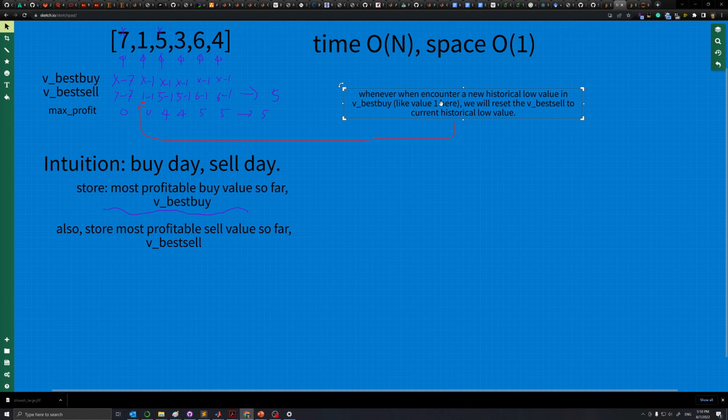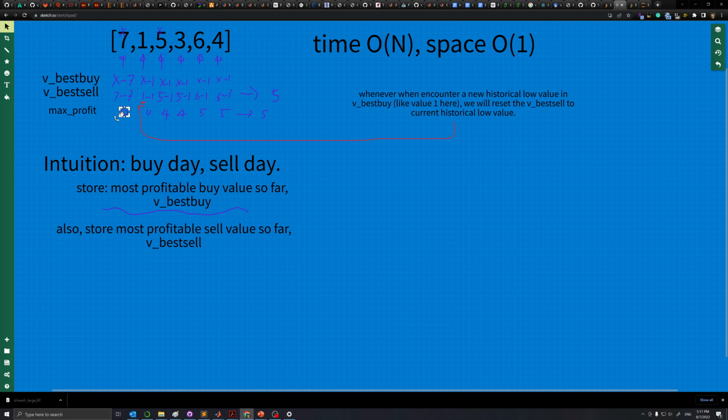A simple fix to that is by looking at numerically how we actually do this, which was the right way to do it. We find out that at step two, when we're at the price one here, which is a historical low value, our best sell actually dropped from 7 to 1.